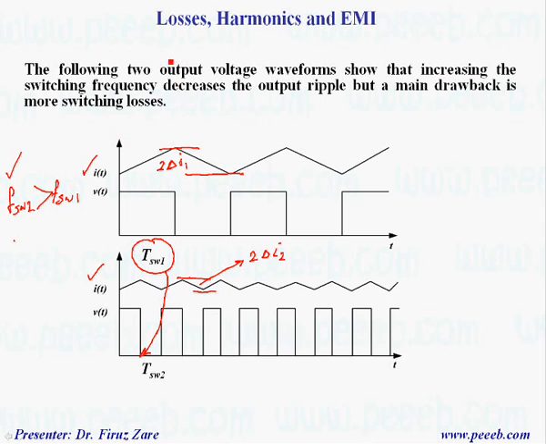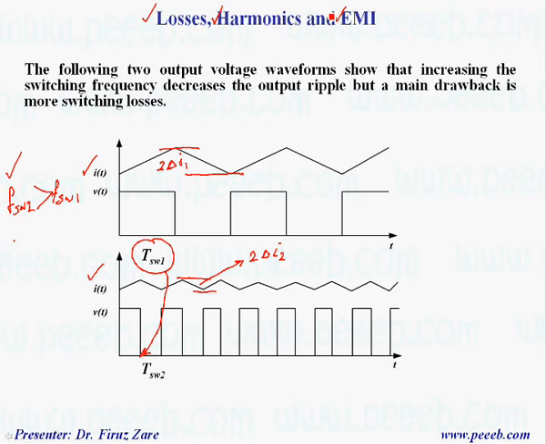For example, you can see that by increasing the switching frequency, we increase the losses but improve the harmonics, and also in some applications, especially DC-DC converters, when we increase the switching frequency in the range of 50 or 60 kilohertz, then we may also affect the EMI.